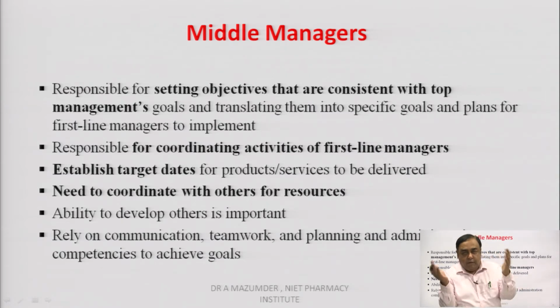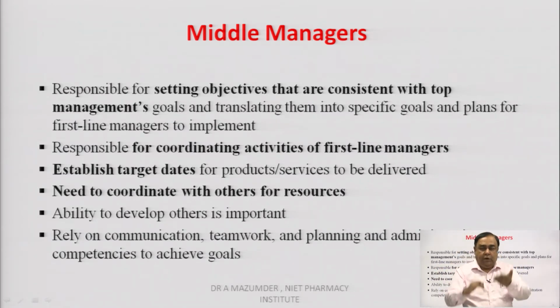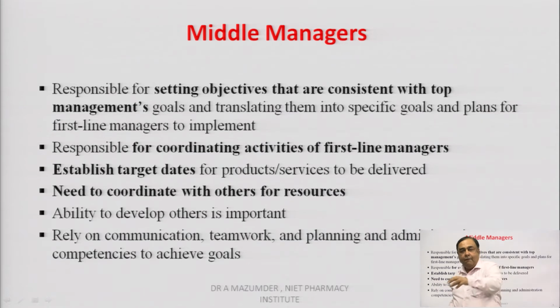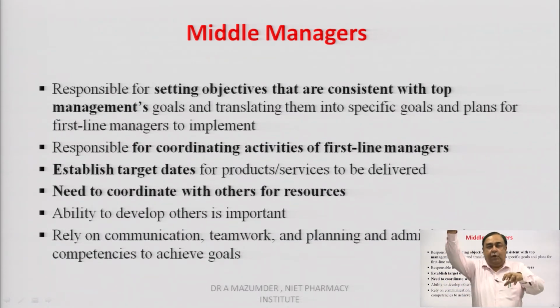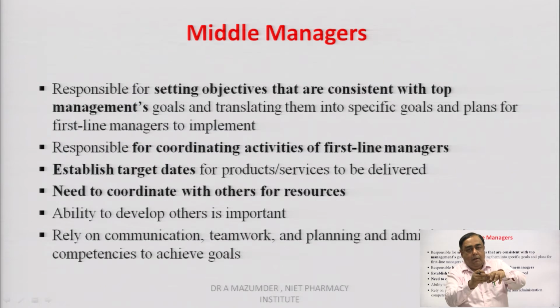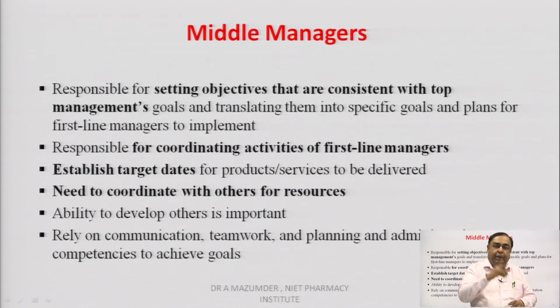Now, this middle level management, who is sandwiched between the two, translates them into specific planning and sub plans and informs the people below, meaning the first line managers. First line managers get information from the middle level, and then they take up planning amongst themselves on how to get the work done which has been assigned to them.